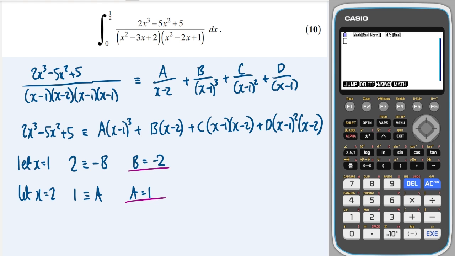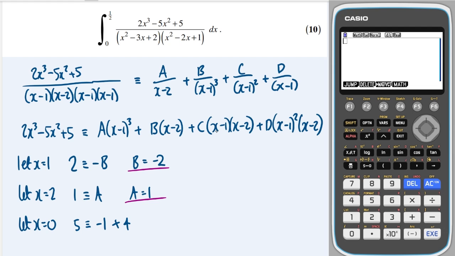So when you do that, you just pick any number really, and let's let x equal 0. Because when x equals 0, we get 5 is equivalent to, this will be minus a, so that's just minus 1. Over here, we'll get minus 2b times by minus 2, that's plus 4.